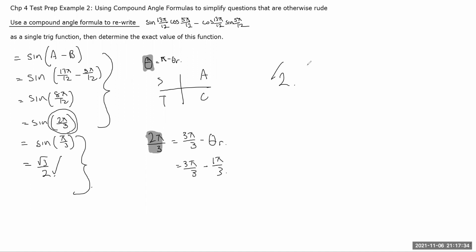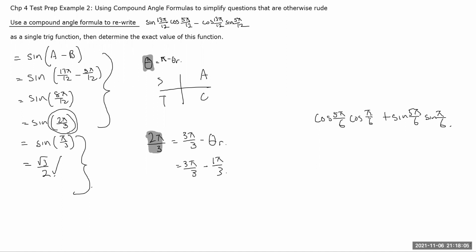So here we go. I'm going to ask you to pause this video and try this next question. I would like you to try the same thing: use a compound angle formula to rewrite this, cos 5 pi over 6 cos pi over 6 plus sine 5 pi over 6 sine pi over 6.